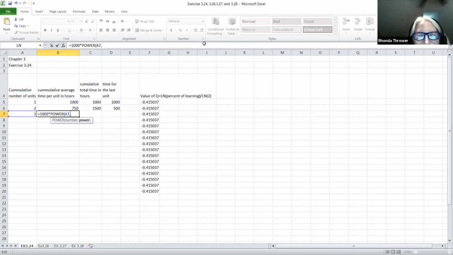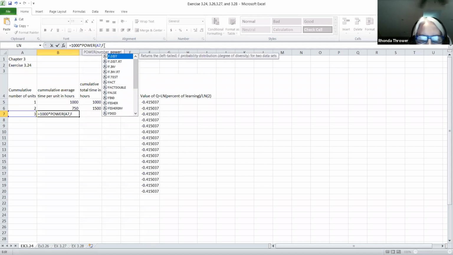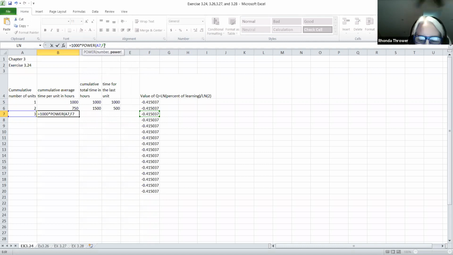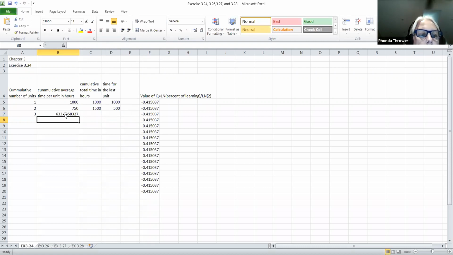I don't know if you can see that toolbar or not, but I can. F7 is getting it by this formula right here. So we're going to put in a capital F, and 7 here, and then I'm going to enclose the parentheses there, and I'm going to click enter. And what that does is it tells me what the cumulative average time per unit in hours is. Because this was not doubled, we have to figure it out by this formula here.